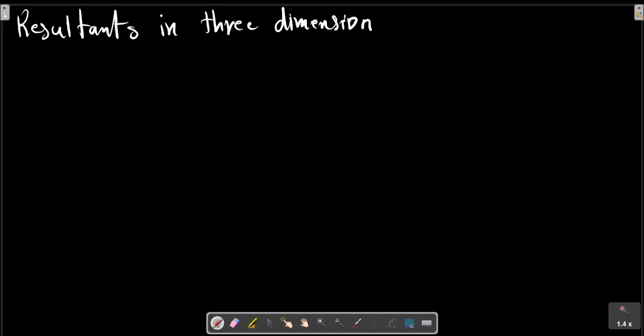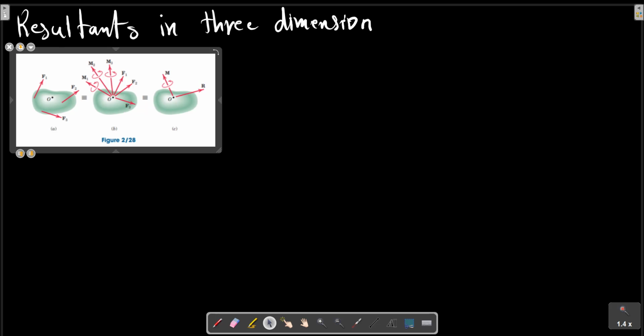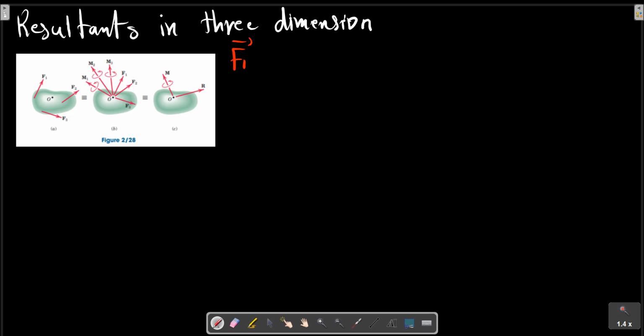Thus, for the system of forces F1, F2, F3, for example, as shown in this picture, we can replace F1, F2, F3 at point O.